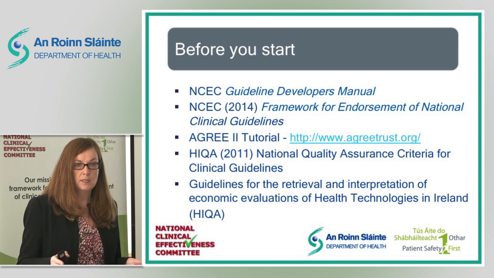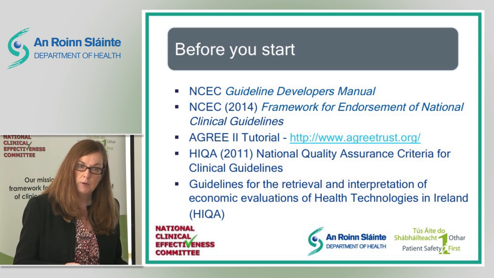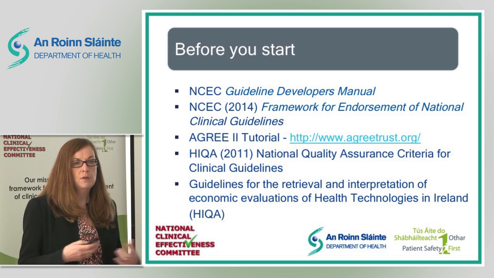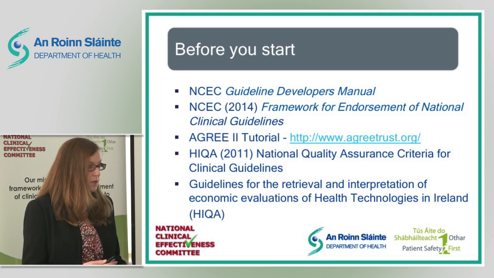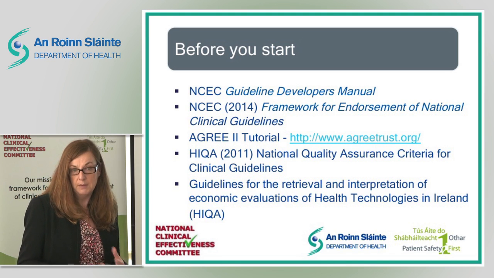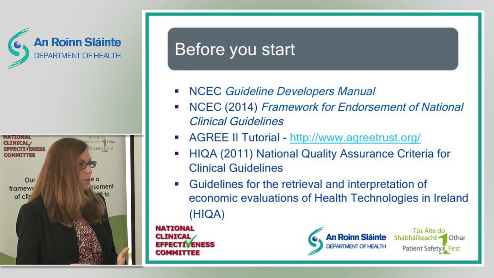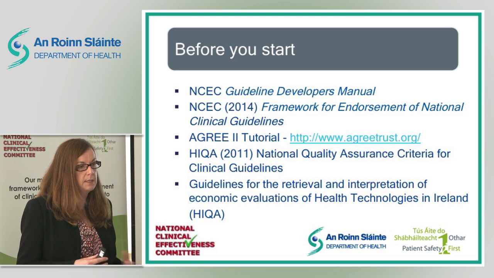When do you want it out in the system, and start to work backwards and see what's reasonable and feasible, and be very clear about that to your stakeholders and your guideline development group, because there are often huge expectations that we can deliver these guidelines in a very short space of time. But actually, we need to be very realistic with people and say, if we want to do this right and do it in a different way to how we've put out guidelines before, this is the process and this is what it'll take and these are the steps.